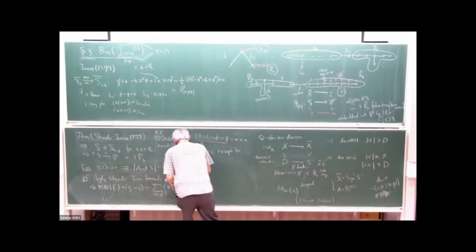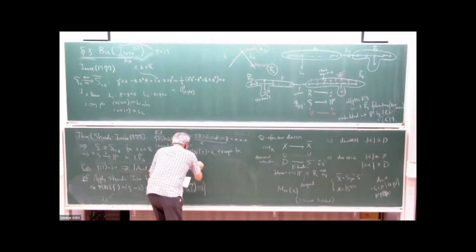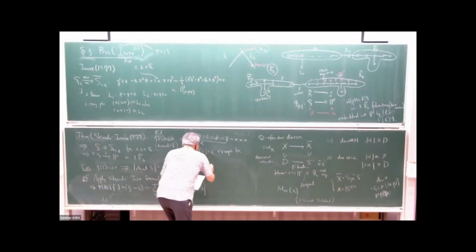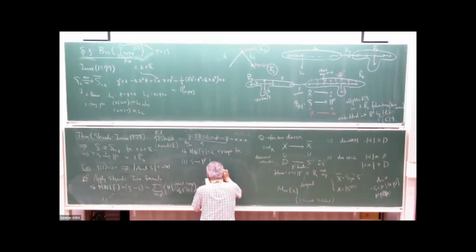So first case is P1 has a fiber of type A2 tilde, which I think in Kodaira notation is I3 or, in Kodaira notation, this one, I forgot the name. This is 3 or 2, I forgot.